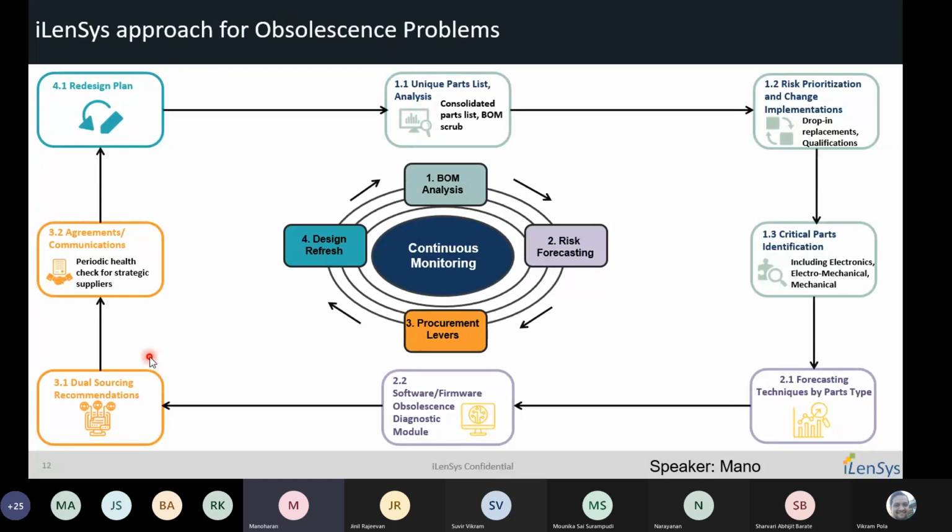Then we go into the agreements and communication plans that we have with that particular supplier.